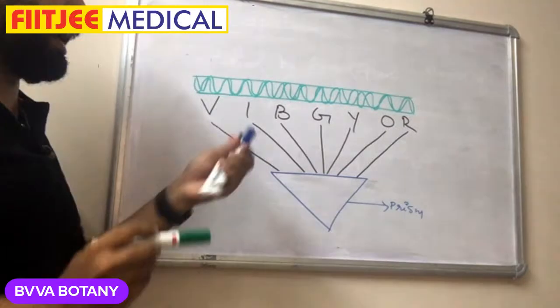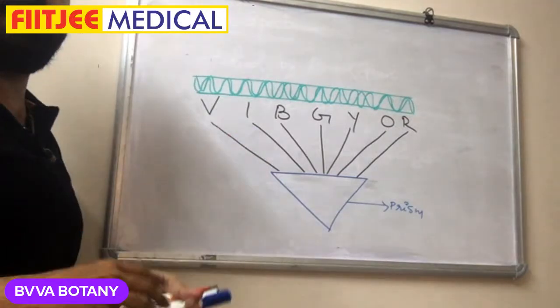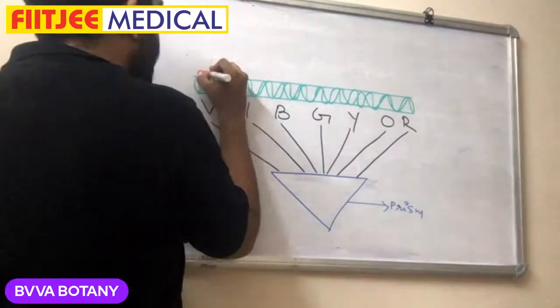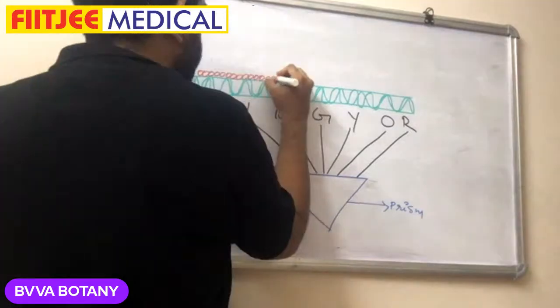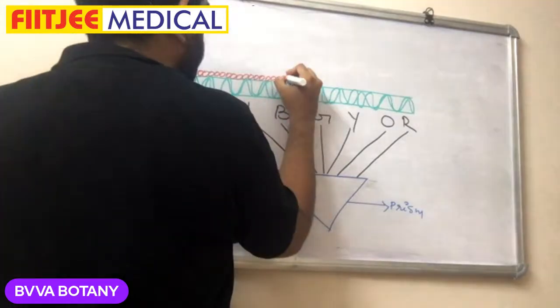Using this light, the algae will perform photosynthesis. And he also made a colony of aerobic, oxygen-loving bacteria to grow here.